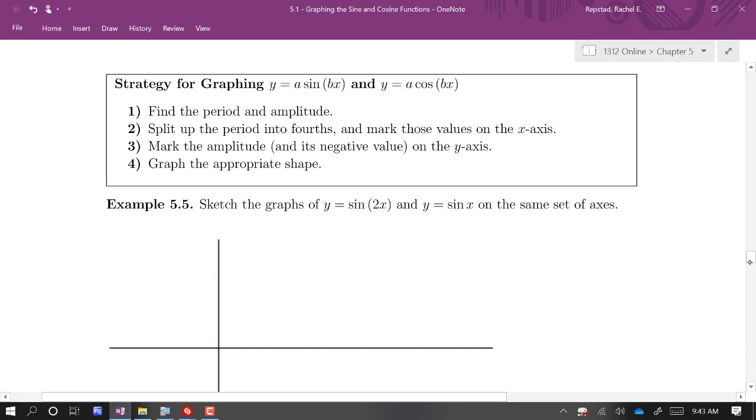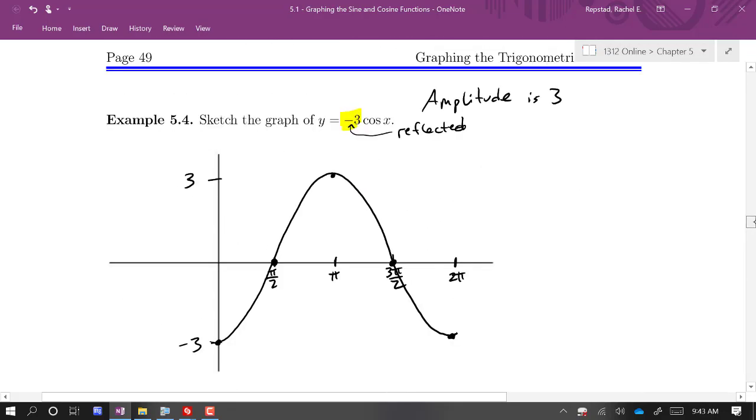When we're sketching a graph, I just want to put down, in words, the idea of what we're doing here. We're going to first find the period and the amplitude, right? So the amplitude, we're just going to look at that number in front. The amplitude is always positive. We find the period using 2 pi over b, and then we split up the period into fourths, just like I did here when we were graphing this.